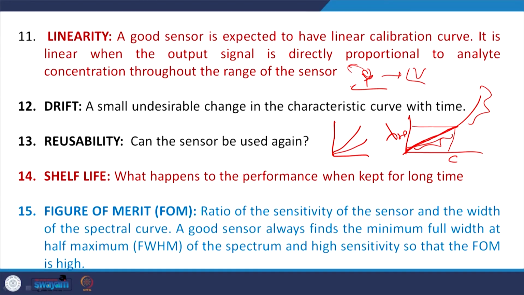Figure of merit: this is the ratio of the sensitivity of the sensor to the width of the spectral curve. Say if you have a spectral curve like this, I told you that this is the intensity and this is lambda 1, over the width delta lambda, the FWHM. This gives the accuracy.